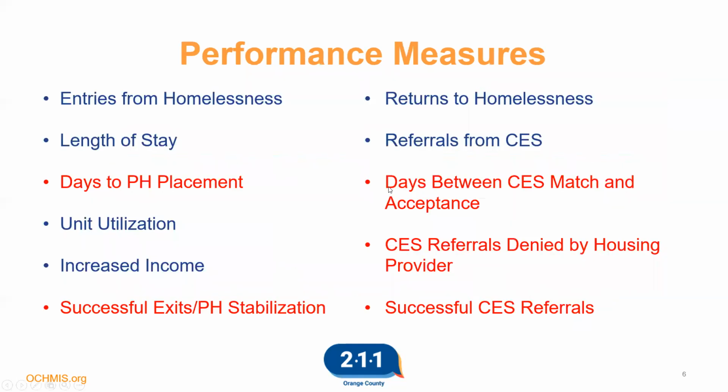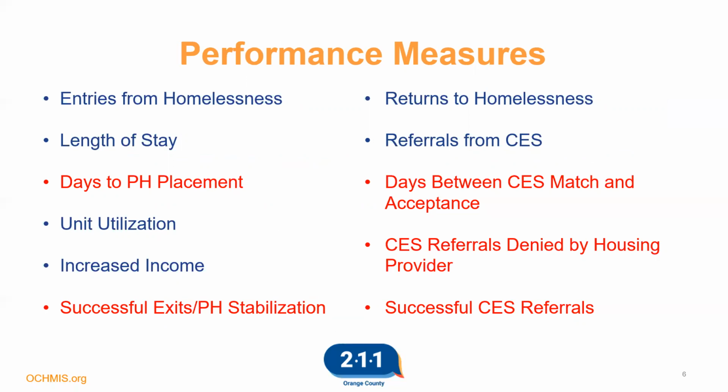So this slide lists all of the performance measures that we are currently looking at as a COC, just in general, like on our PPRs. The measures that are in red are the measures that right now have been added to the agency racial inequity dashboard.